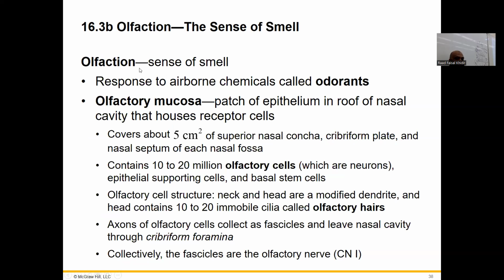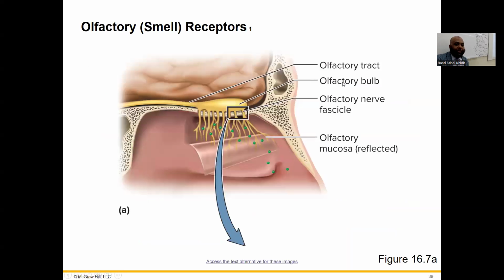Now we're going to look at olfaction, which is smell. In order to detect taste, we have tastants, which are chemical substances that elicit taste. We have odorants, and those odorants are responsible for eliciting smell. So we have olfactory mucosa. Olfactory mucosa is a patch of the epithelium that is found in the roof of the nasal cavity, and it houses those receptor cells and receptor hairs.